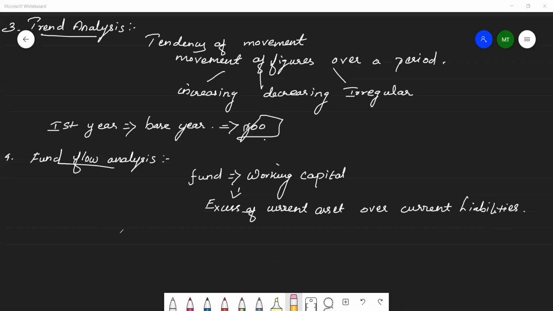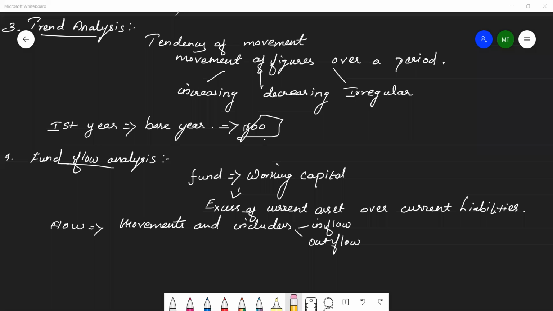The term flow means movement and includes both inflow and outflow. Flow means inflow will come and outflow will also come. So inflow and outflow.